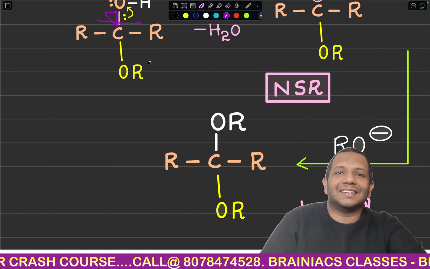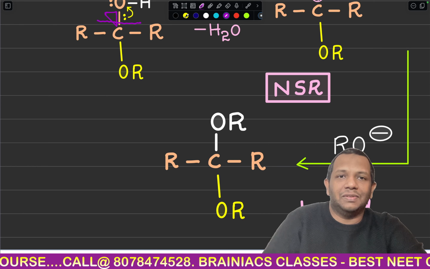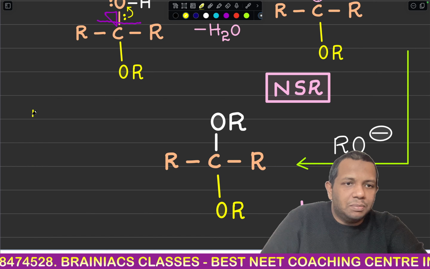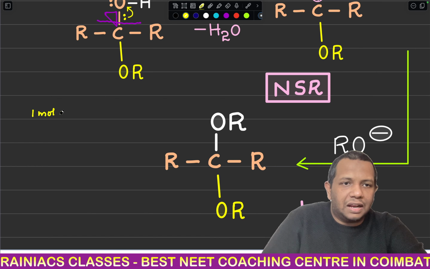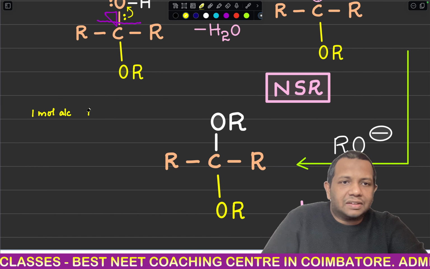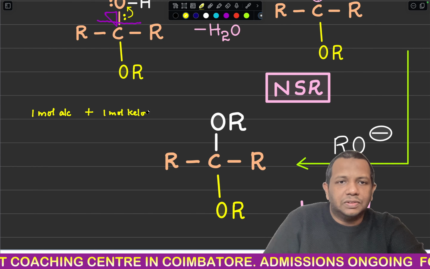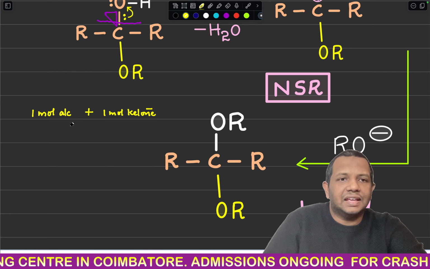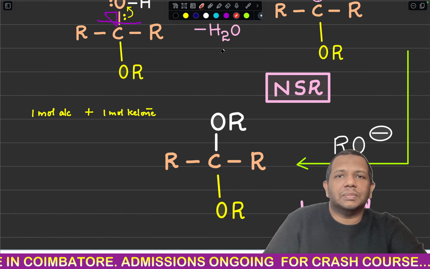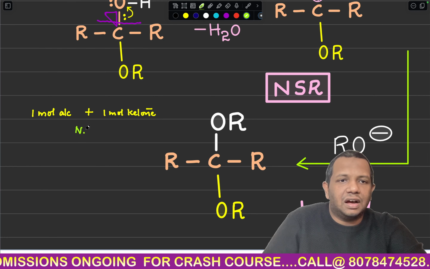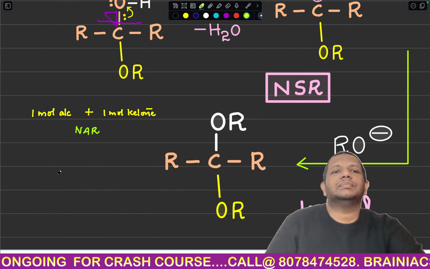So in this particular reaction, what you need to remember, very, very important, I can easily say 1 mole of alcohol reacts with 1 mole of ketone. If this is the case, I can easily say the mechanism is NAR, nucleophilic addition reaction.